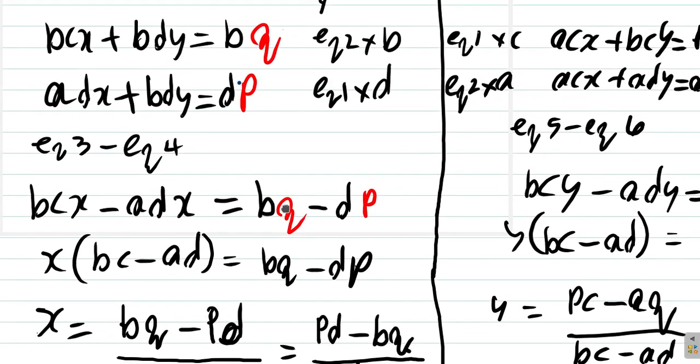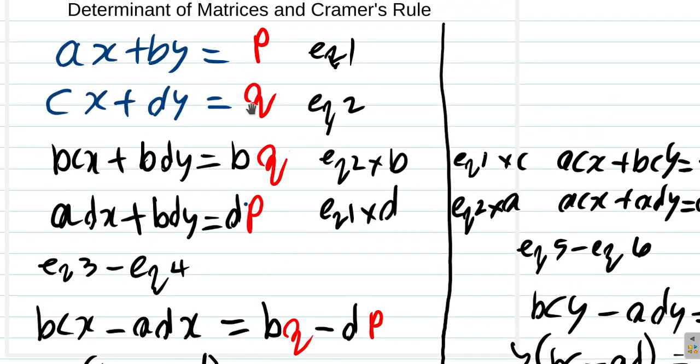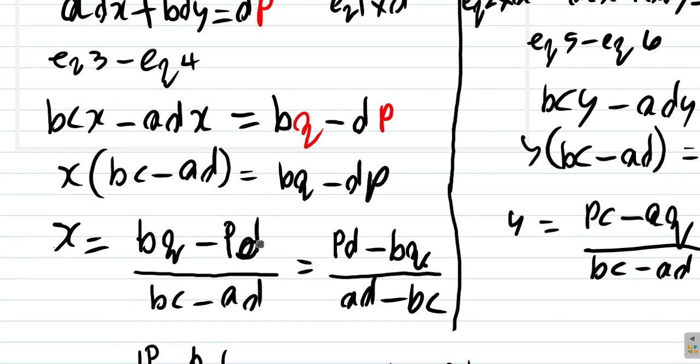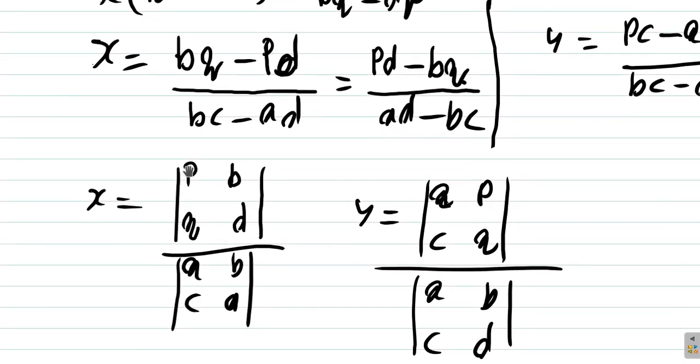When we have these matrices with Cramer's rule, to find x, we would ignore the a and c. We'd have p up top and q under.